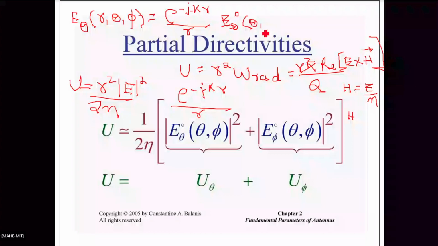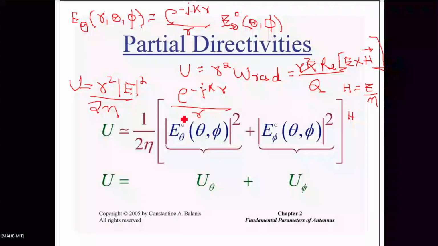I think with this it will be clear to you. Have you understood this? Yes, sir. So that's why R square gets eliminated, and the maximum value of the magnitude of e raised to the power of minus jkr is 1.